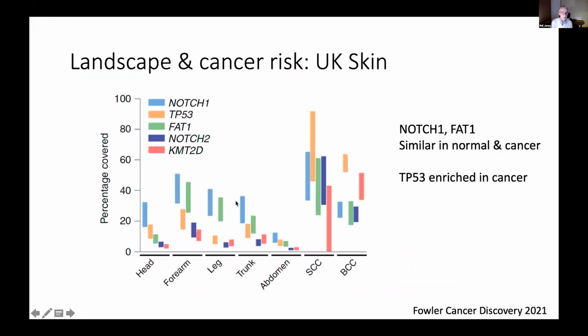So in UK skin, actually, there is no real increase in the prevalence of Notch1 and FAT1 in normal skin compared with keratinocyte cancer. There is for P53. And I put it to you that we really can't just define cancer drivers based on their prevalence in cancer. You have to compare cancer with normal.